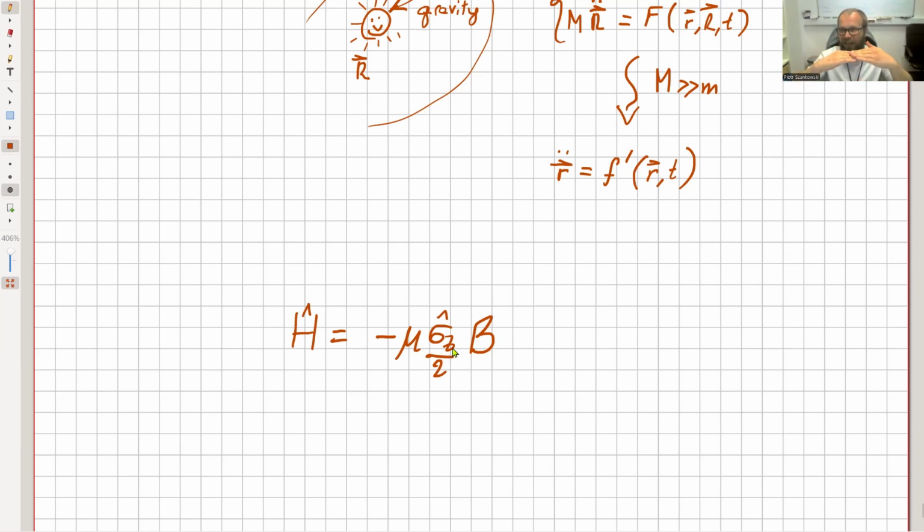On the fundamental level, we imagine that this spin 1/2 particle is coupled to its environment, right? And we do some approximations, or some tricks. Something is done so that we can eliminate the environment and replace its influence with this external magnetic field.